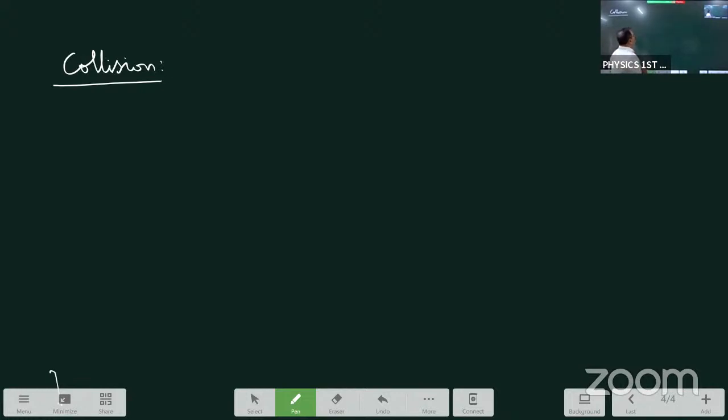In this, first of all, you see what collision is. Suppose you throw one object of mass m1 with initial velocity u1. Afterwards you throw another object of mass m2 with initial velocity u2.